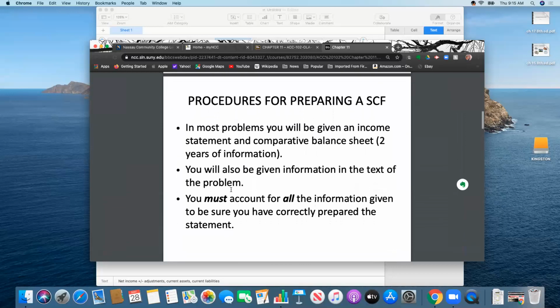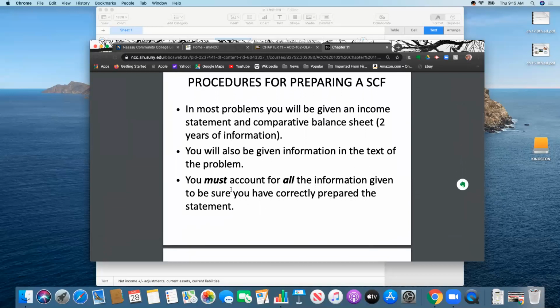Okay. So what are the procedures for doing this? How would you start from scratch? You're doing this for the first time, like a roadmap, right? You want a method. You want a way to answer these questions. And if you follow this step-by-step approach, you can do any statement of cash flow problem, right?